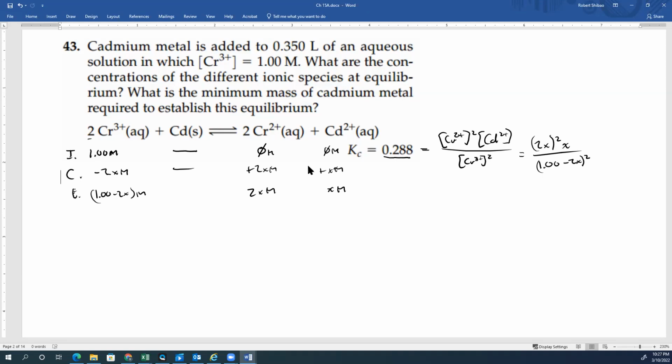And so, my calculator could do cubic. So we could get this into cubic form perhaps. And this one might not be too hard to get into cubic form. So maybe we'll just try to solve this one without any tricks. Let's see if we can just solve this normally. And so I got 0.288, and then this is going to be 4x cubed on the top, 4x cubed. And then on the bottom, I'm going to multiply this binomial out here.